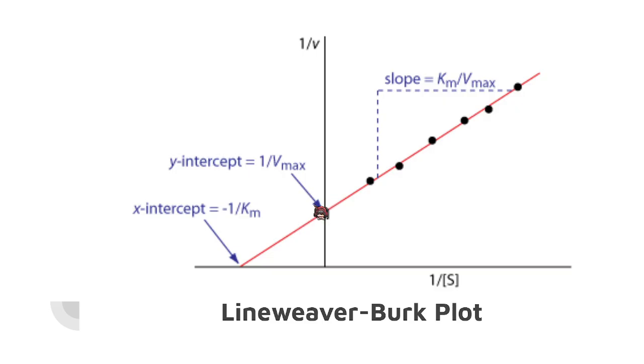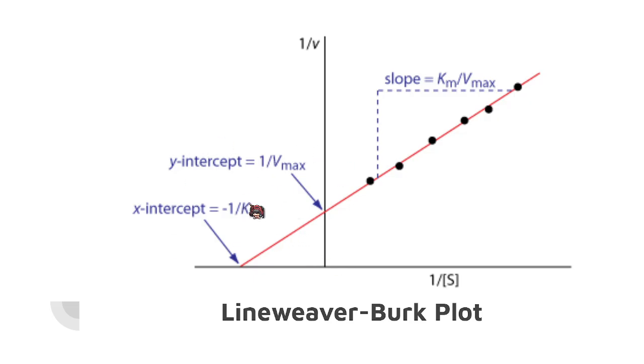And so in order to find the slope of the enzyme kinetics of a particular enzyme, this slope would be Km over Vmax and depicted as 1/v and 1/s.